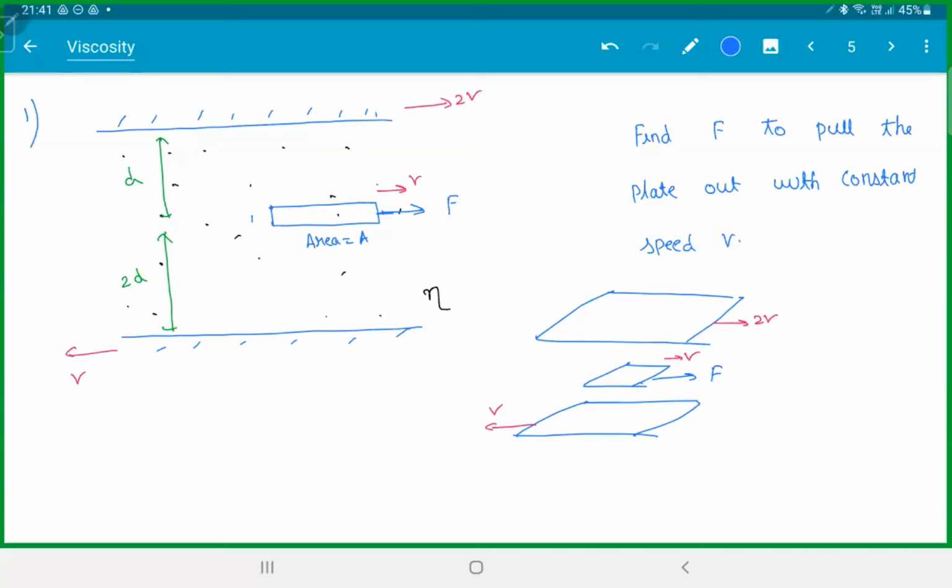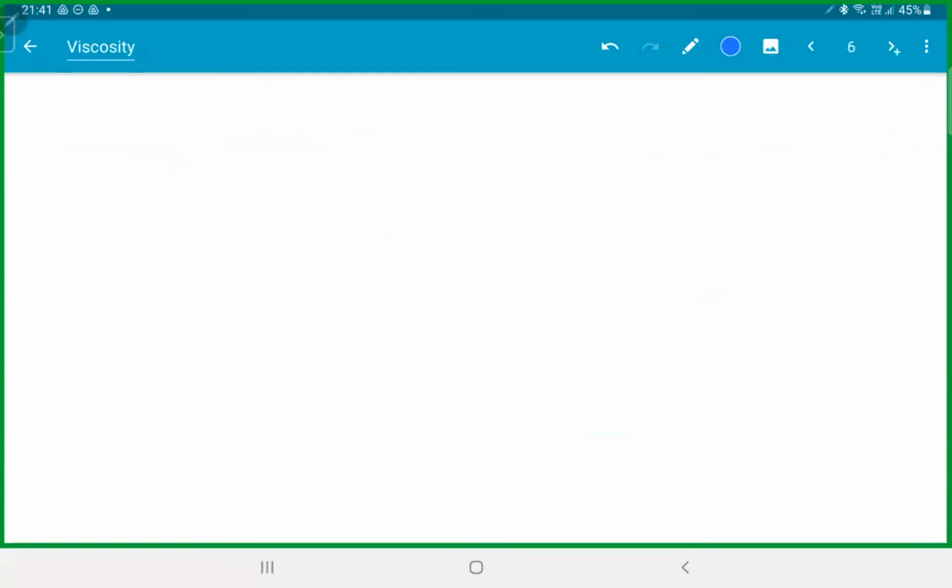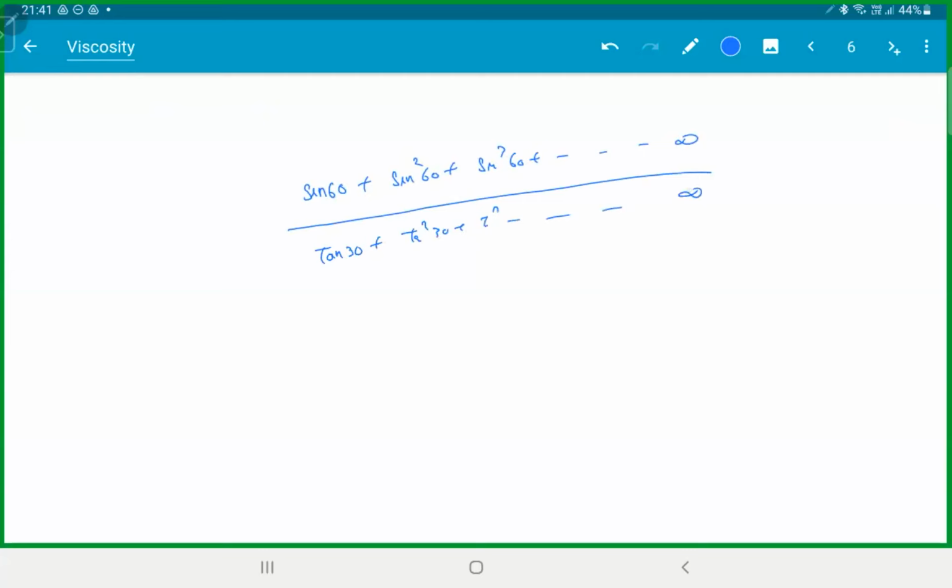Your JEE Advanced juniors are okay, but I got the medical juniors. God level, they are. I gave this equation: sine 60, sine square 60, sine cube 60, and so on till infinity, divided by tan 30, tan square 30, tan cube 30, and so on. What is this? An infinite GP, no? Can you guess what they did?